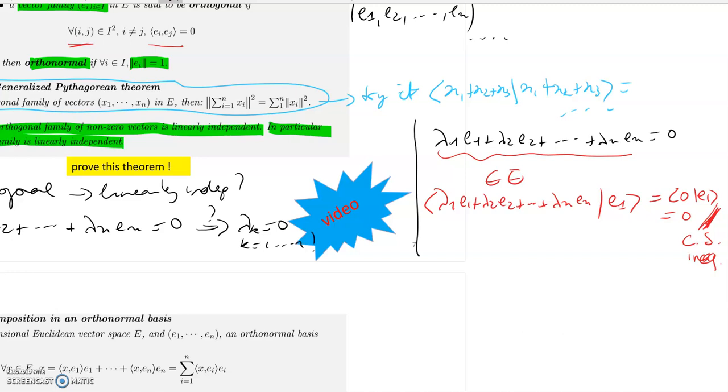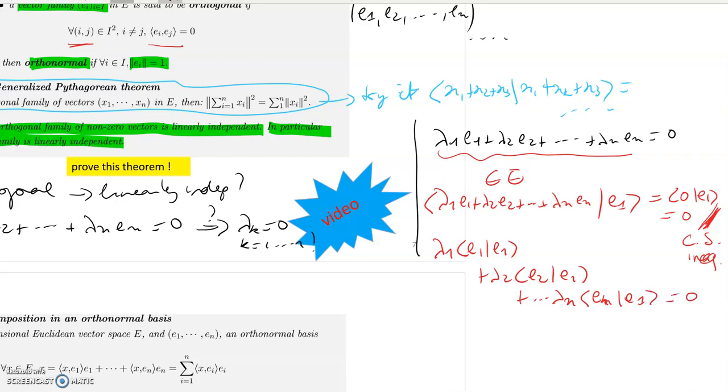And on the left hand side, what do we have? We can expand that using linearity, right? So that's going to be lambda 1 e1 with e1 plus lambda 2 e2 with e1 plus etc. Each time I expand by linearity, I get lambda k times the corresponding ek, so the last one is going to be en with e1, and that should be equal to 0.